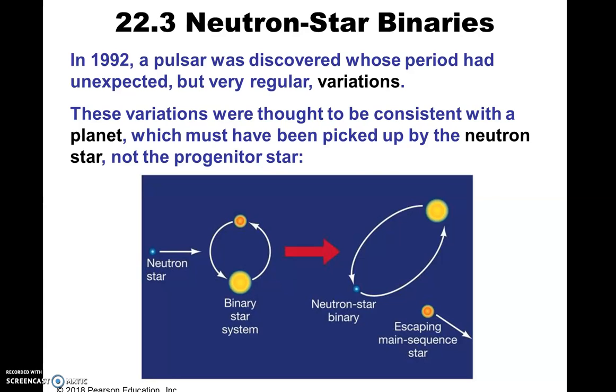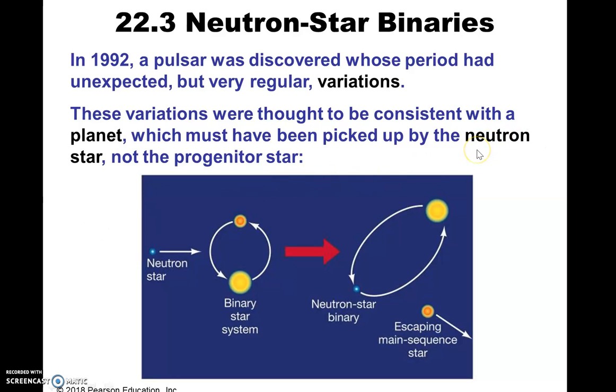And by the way, let me back up just a little bit, just to emphasize something really important. All pulsars are neutron stars, okay? All of them. But not all neutron stars are pulsars. So why is that?